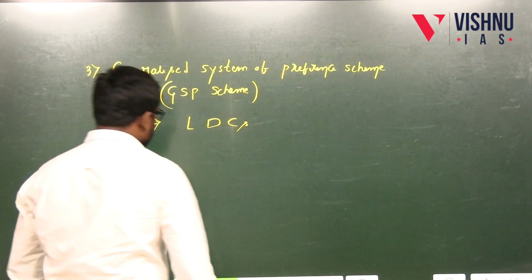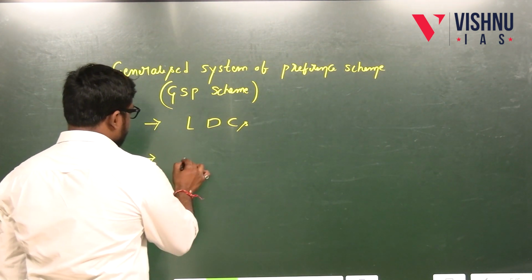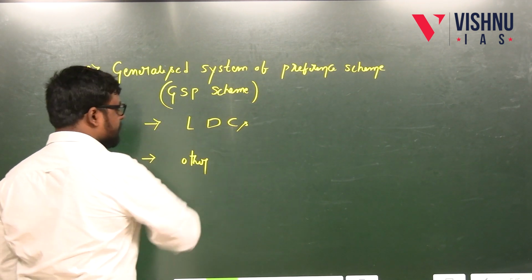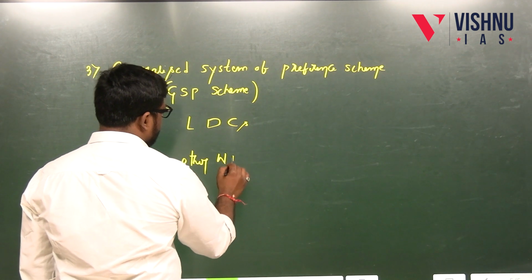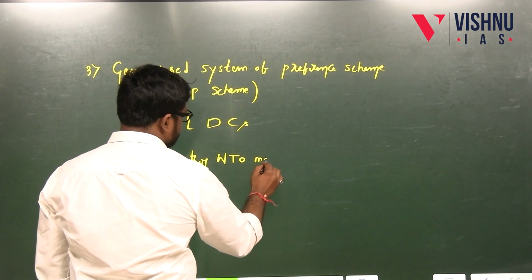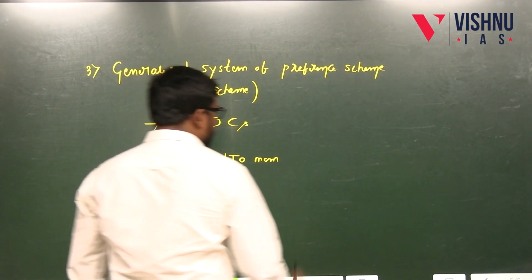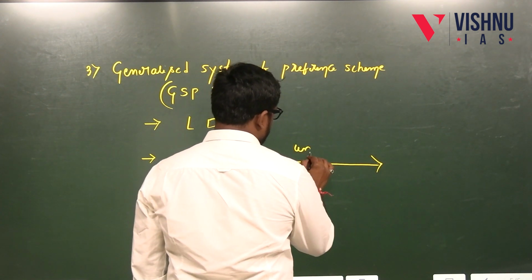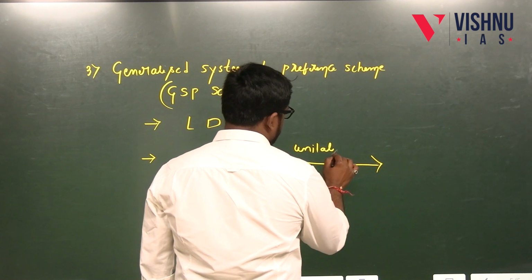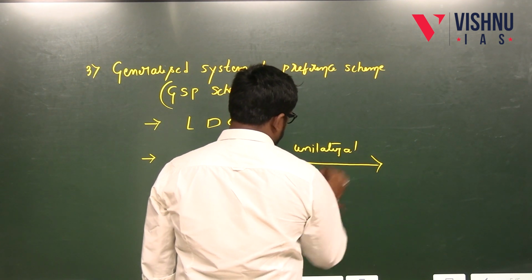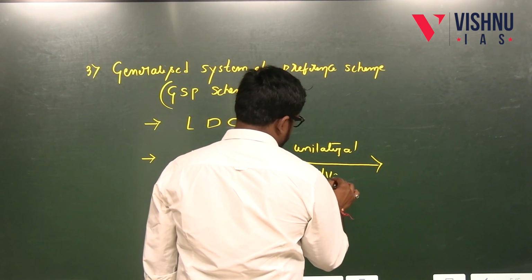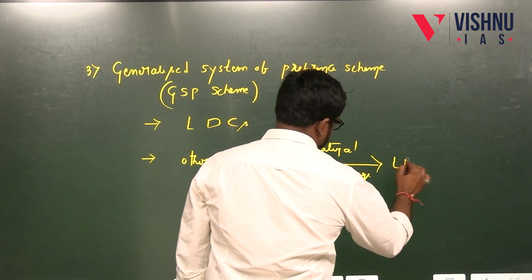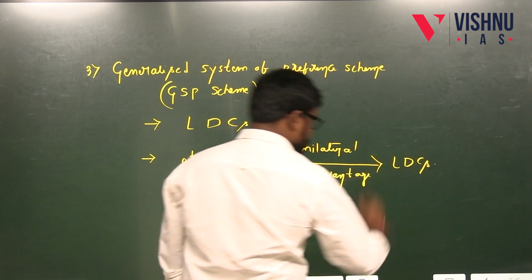That means the other WTO members, other than least developed countries, can provide unilateral advantage to the least developed countries.